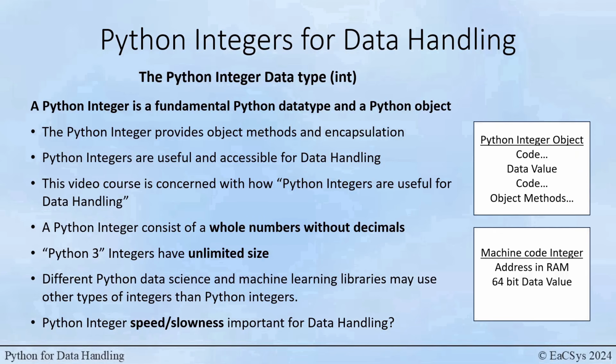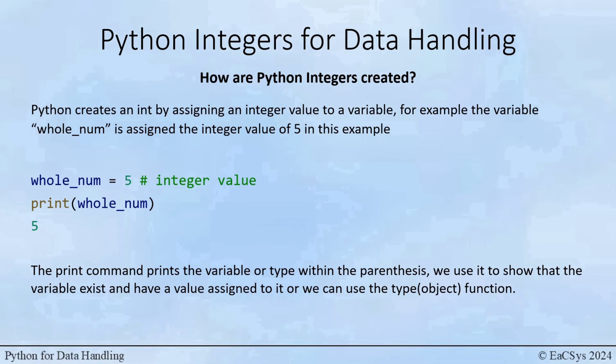Right, now we'll talk some about how Python integers are created. So, how is a Python integer created? Python creates an integer by assigning an integer value to a variable, for example the variable whole num in this example on your screen.